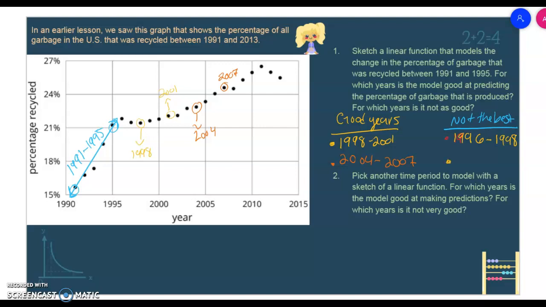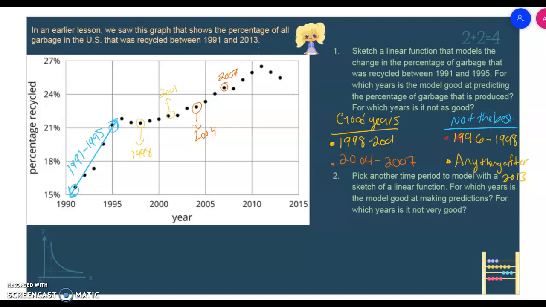And I would say also anything after 2013, because we don't know. If we try to draw a graph here, it's going down, which is fine, but it wouldn't best represent our data overall if we're going to look into the future.